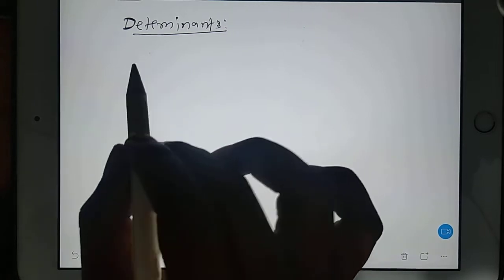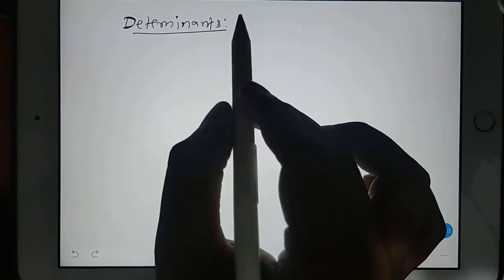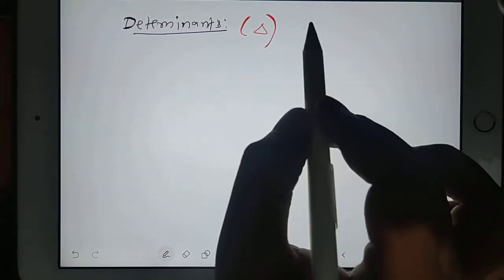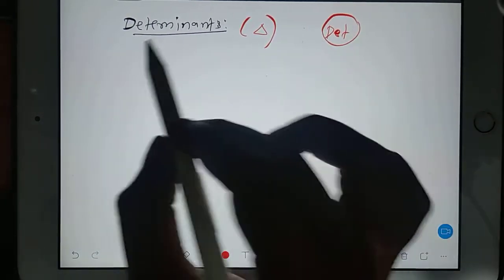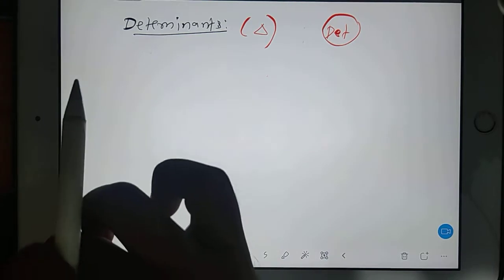Okay, now see guys, for determinant we use this symbol, and we call it det. No need to say determinant every time; you can simply say det.